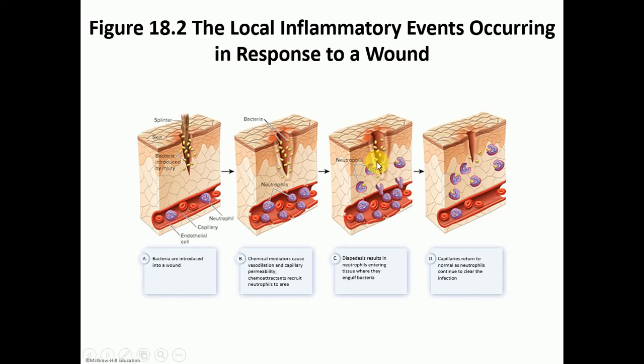Neutrophils, again, are your first responders. They remove the bacteria and any foreign body by phagocytosis. Then fibroblasts come in from the skin and start the repairing process, leading to fibrosis, or scar tissue. So that, in short, is what happens if there is an interruption in the skin or mucous membrane.